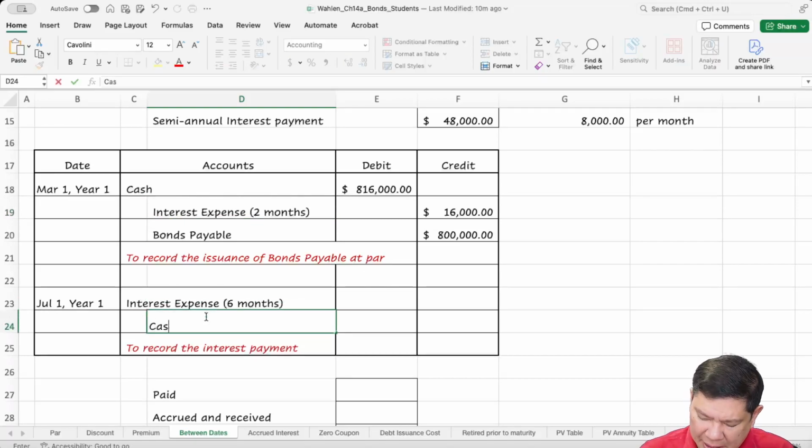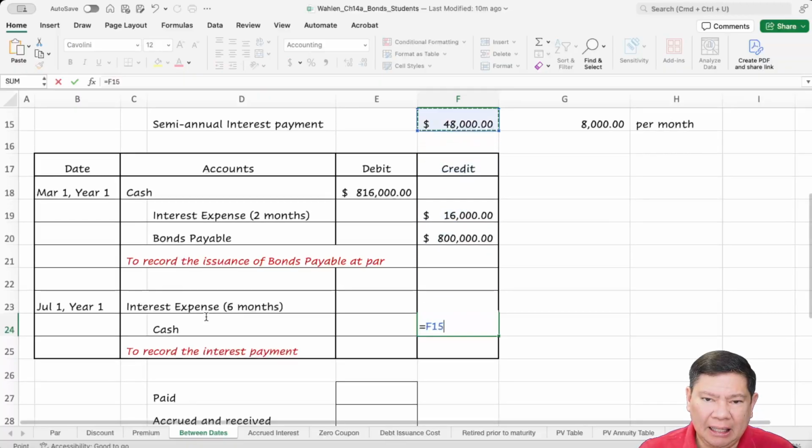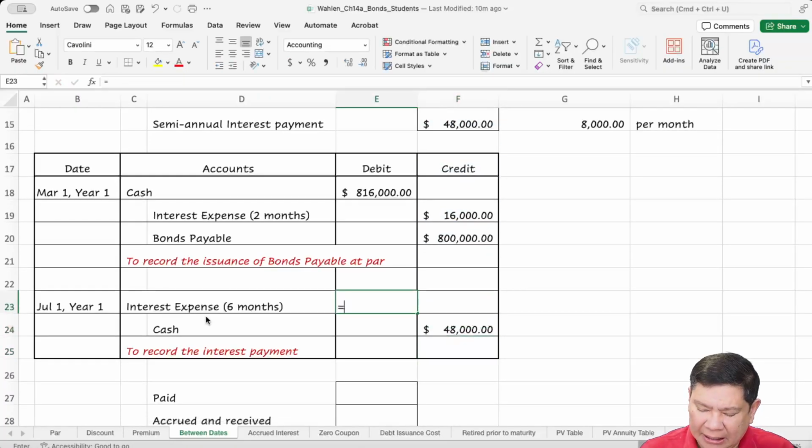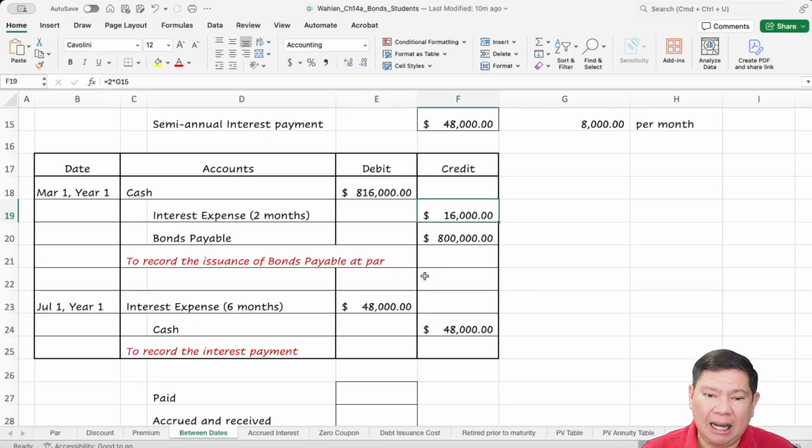And this would be cash for $48,000 and interest expense $48,000. But you see, this 16,000 will reduce the 48,000, so the company will report only the difference, which is for the 4 months.